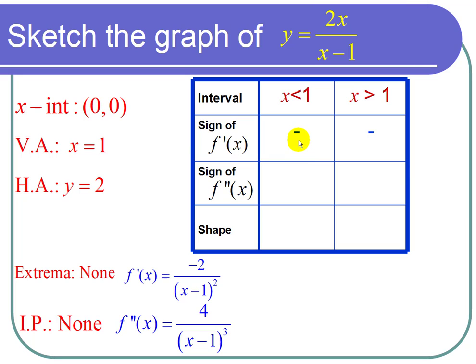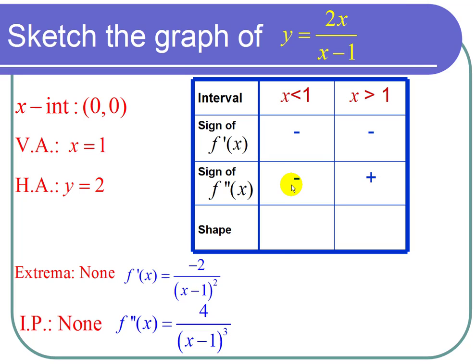On the other hand, if we look at f double prime of x, if x is less than 1, then x minus 1 is negative, and a negative number cubed is negative, 4 over that is negative, so I get a negative for f double prime of x to the left of 1. If x is greater than 1, then x minus 1 is positive, and everything is positive. So I get a positive sign to the right of 1.